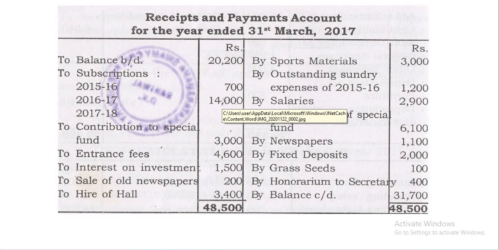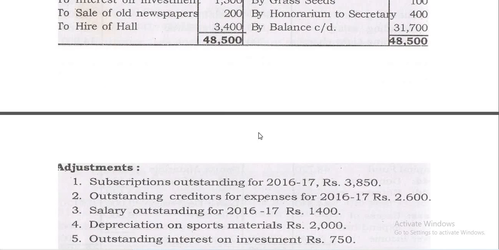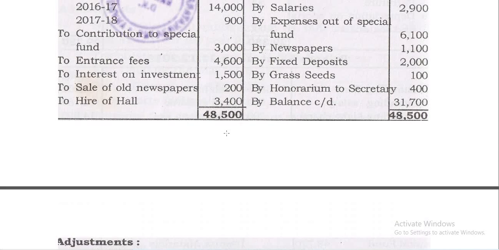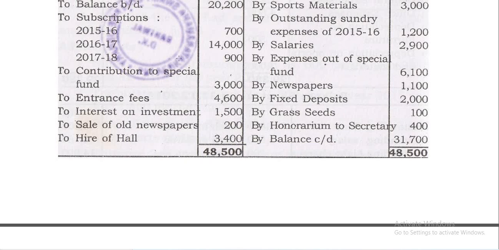So 14,000 are received during the current year. To that you have to add these 3,850 rupees subscription outstanding for the current year 2016-17. Further, this will appear on the asset side of the balance sheet as outstanding subscription for 16-17.